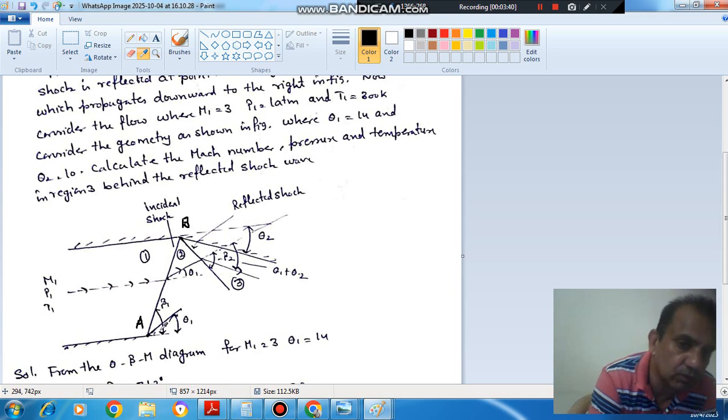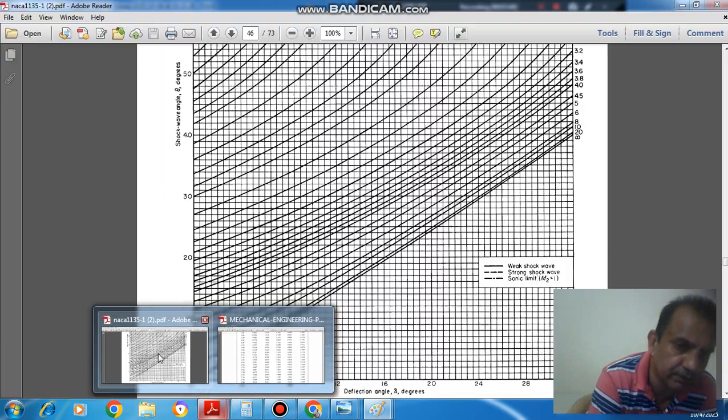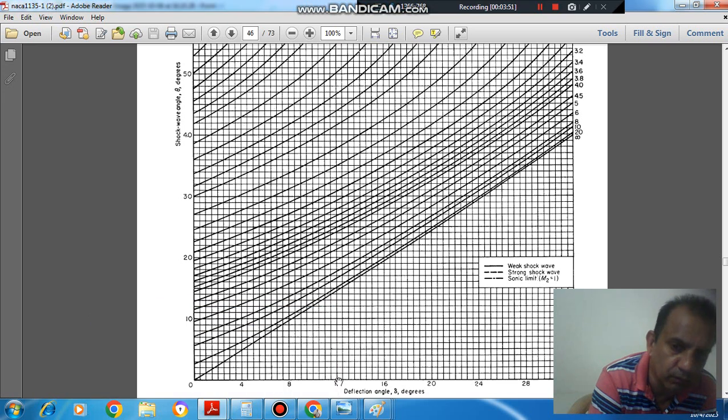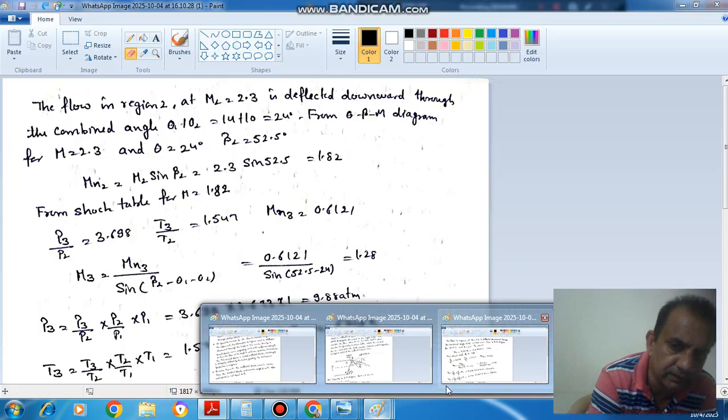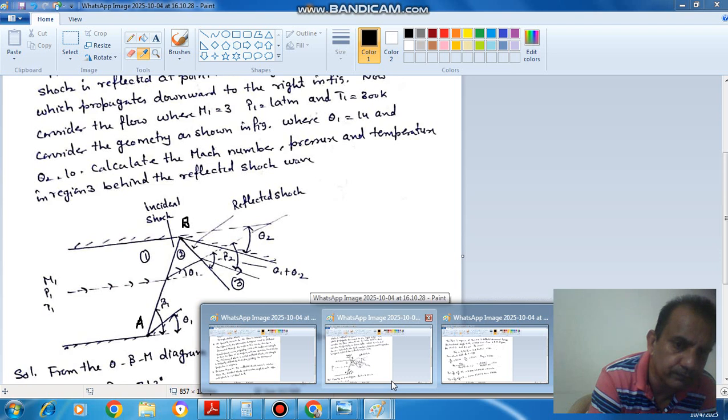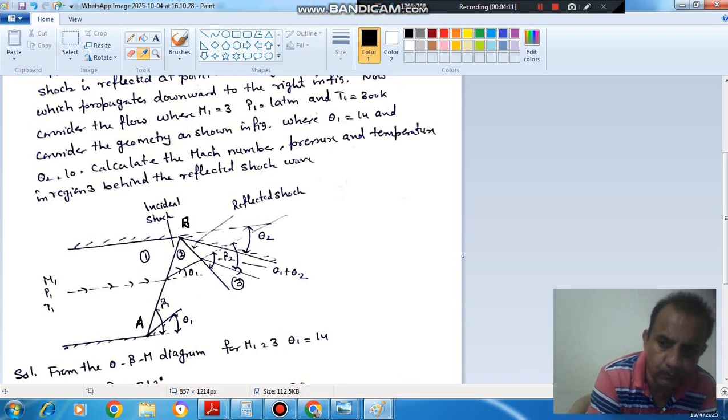Now, considering the conditions here, the Mach number is 3 and theta 1 is 14. If we see the theta-beta-M diagram, for 14 degrees and Mach number 3, we can see that beta is 31 something, so taking it as 31.2.